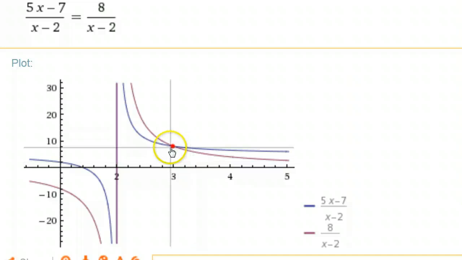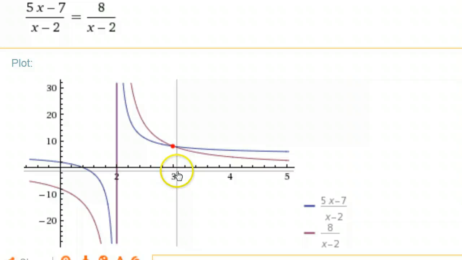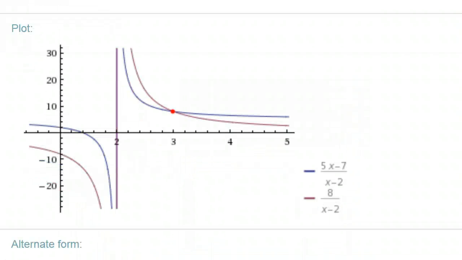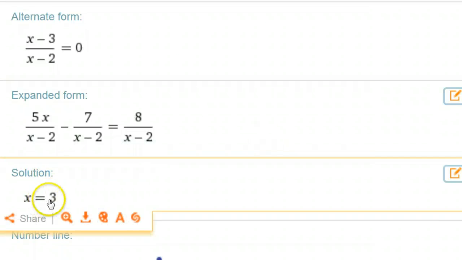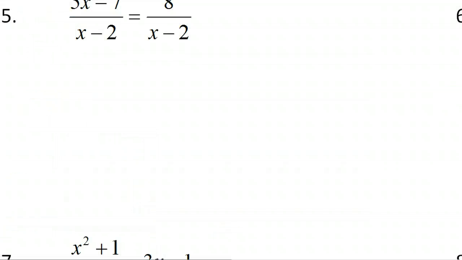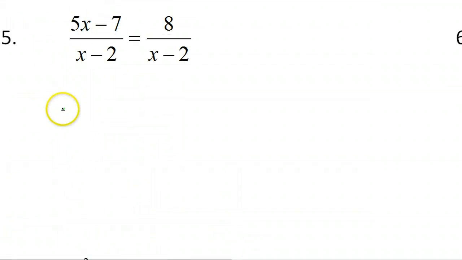And it's even highlighting the intersection point for you. So it looks like the solution to this one's going to be 3. But if you scroll down, it takes away all doubt. Because, oh look, solution x equals 3 right there. Isn't that awesome, you guys? So we have x equals 3.